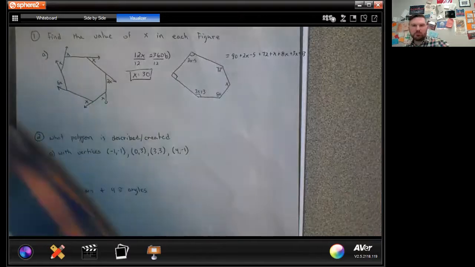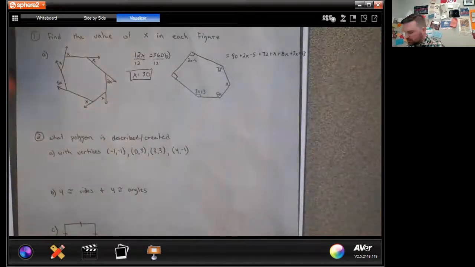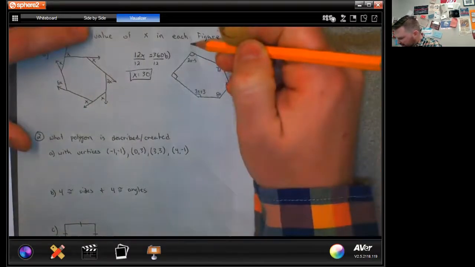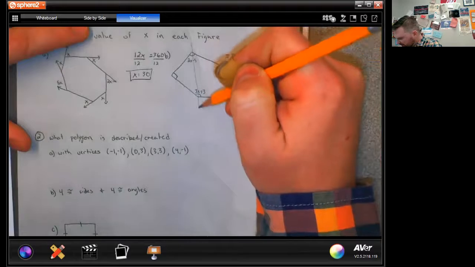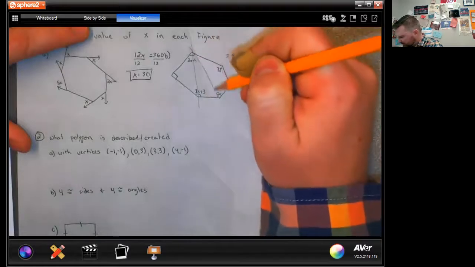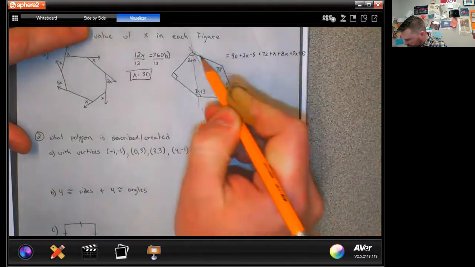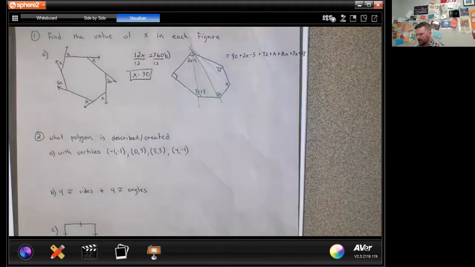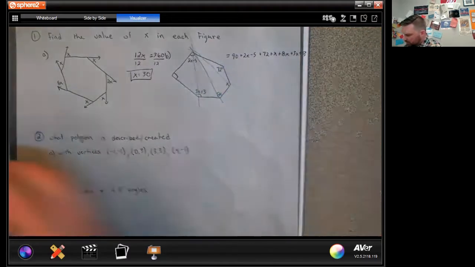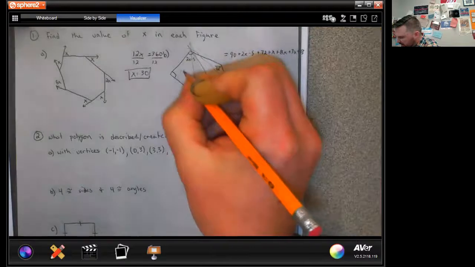And if you remember, we did this a while ago. If I split this thing into triangles, I have 4 triangles there, and each triangle will be 180 degrees.